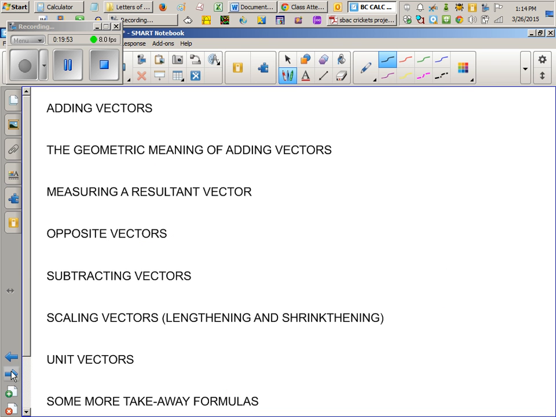Okay, so adding vectors. So if I told you you needed to add, let's say, the vector 500, 0, and the vector 70 cos 60, 70 sine 60, you probably would just get your calculator out and add the x's and add the y's.